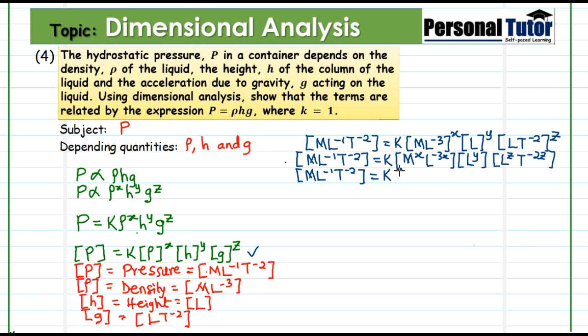Let's pick M. With the exception of the M to the power S, there isn't any other M, so it carries the power S. But if you look at the L, you have exponent -3S, Y, and Z, and all these three are multiplying, so the exponents will be added as -3S plus Y plus Z. That is for L. For the T, we only have -2Z.